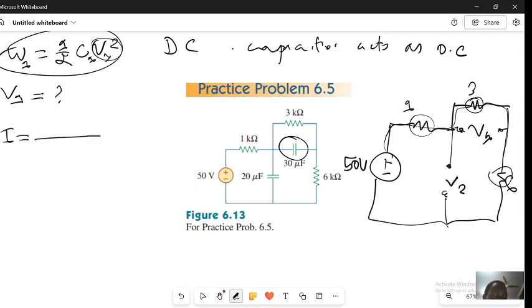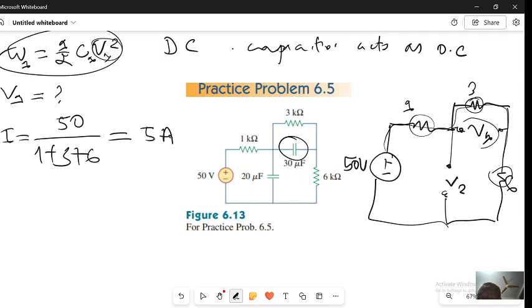I is going to be 50 divided by 1 plus 3 plus 6, which is equal to 5 ampere. Now let's see, the current across all these resistors is 5 ampere.